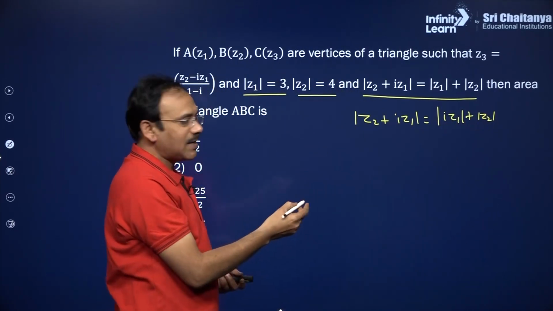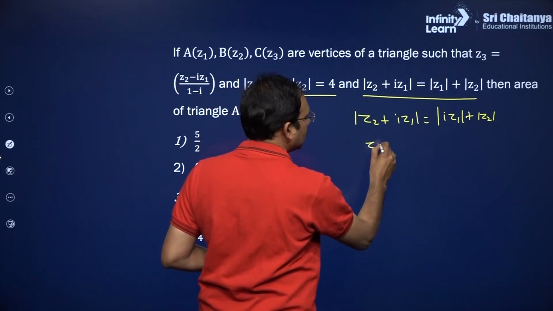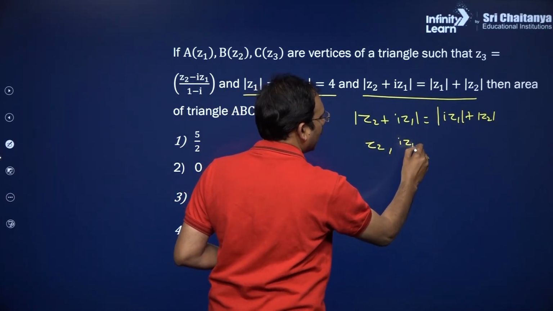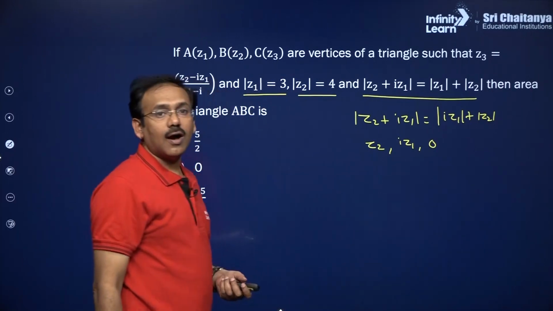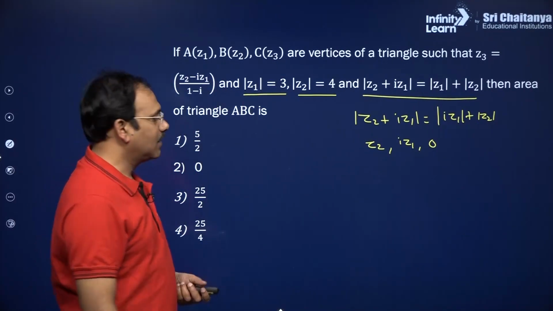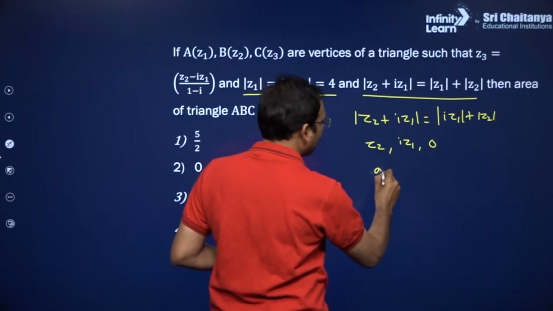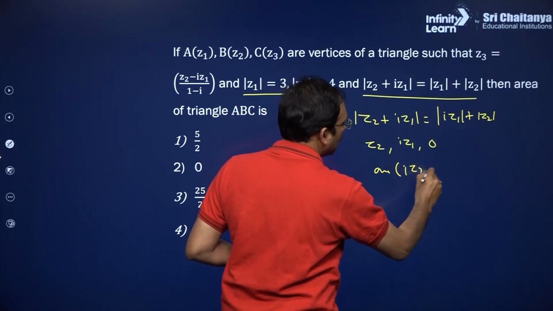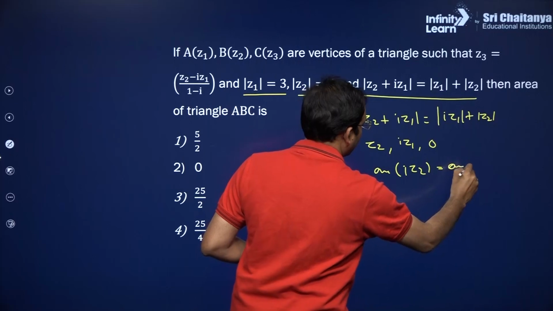You see, if it is like this, we can say that Z2, iZ1 as well as 0 are collinear, my dear friends. These 3 points are collinear. That means argument of iZ1 is equal to argument of Z2.